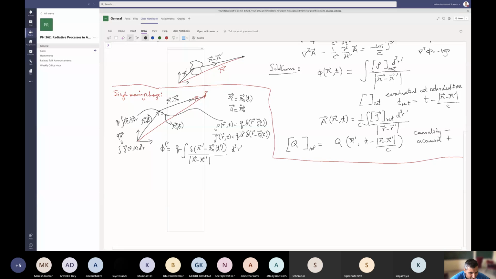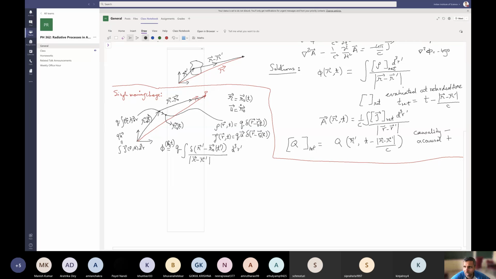Phi is a function of r and t. We are just integrating over all the volume r prime, and we have substituted for rho as that. This is rho of r prime.